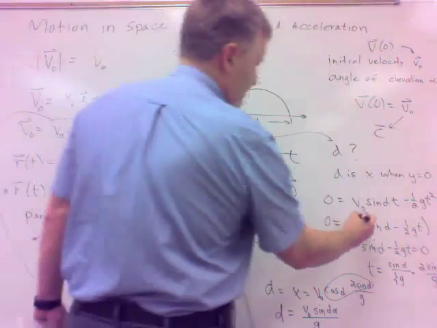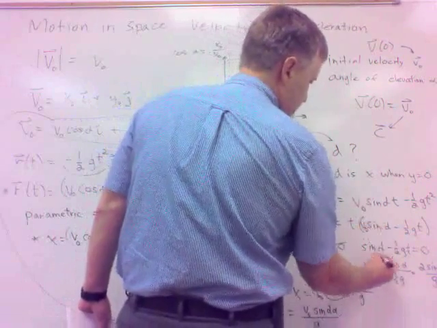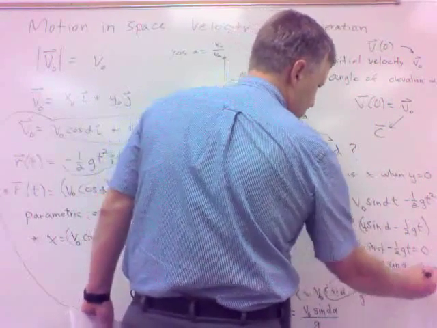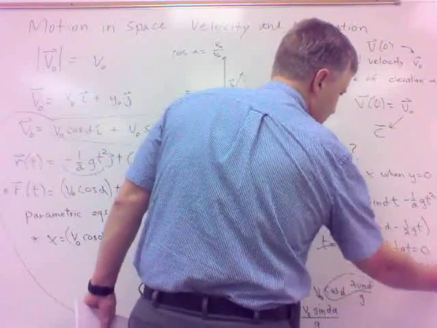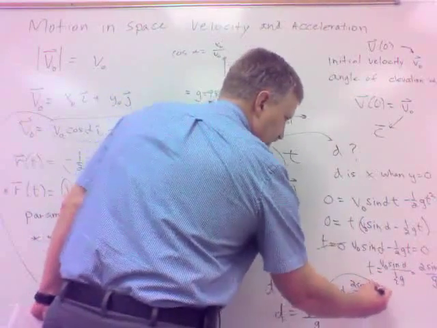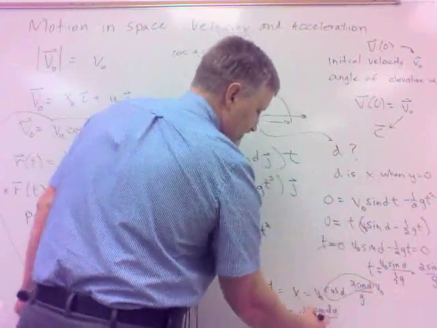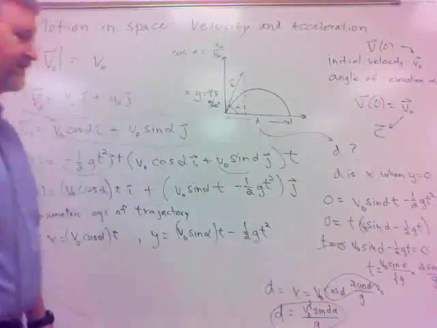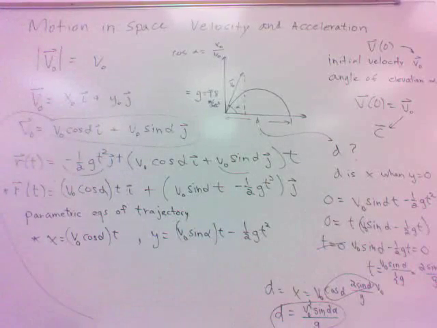Oh, I forgot the v0 here. I knew there was something I'd forgotten. So this will be times v0, so you've got v0 squared, sine of the double angle over g. All right, I think you got it.